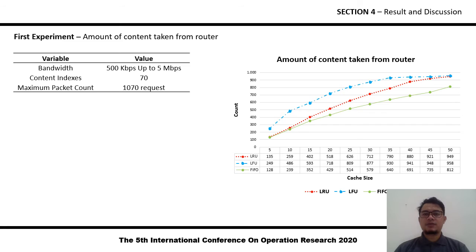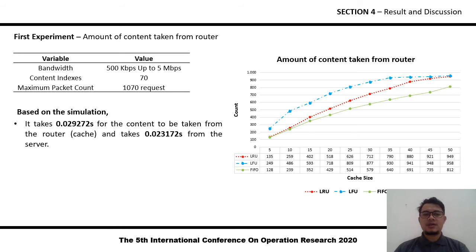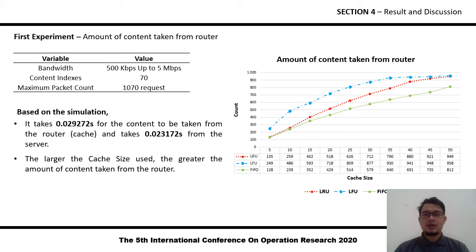Figure 1 shows you the amount of content taken from the router. Based on the simulation, it takes 0.029272 seconds for the content to be taken from the router cache and 0.023172 seconds from the server. In this picture, you can see the larger the cache size used, the greater the amount of content taken from the router.